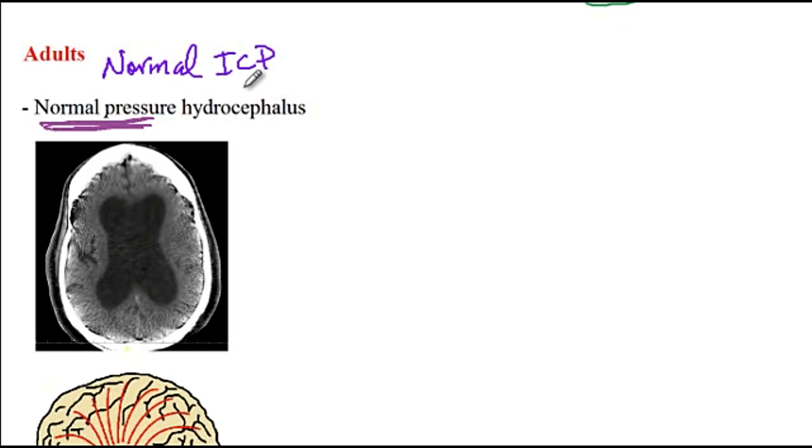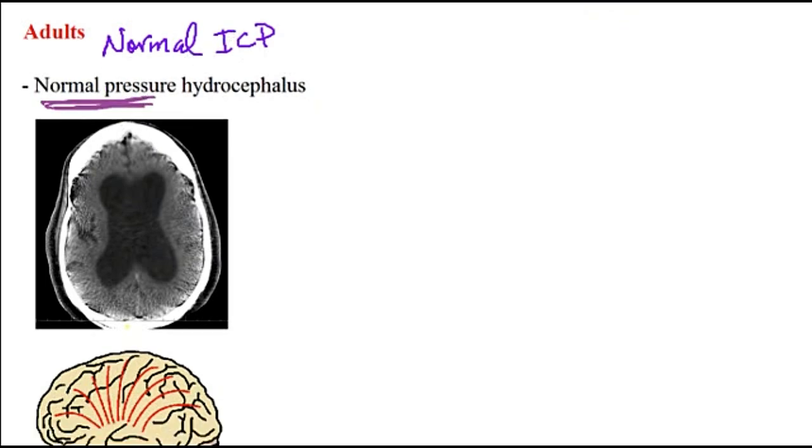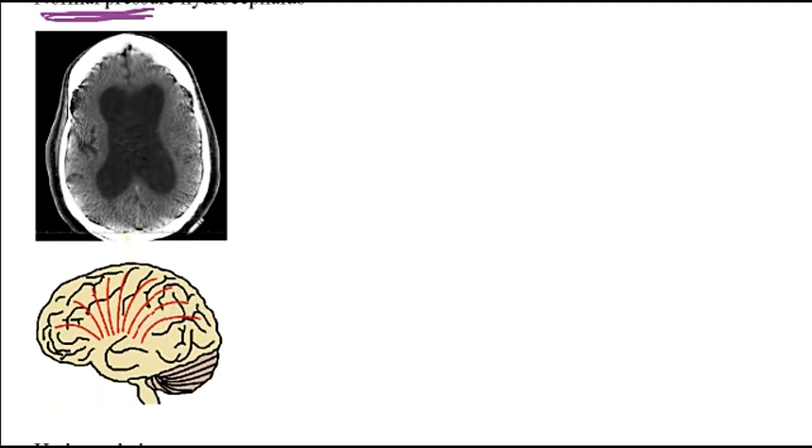So intracranial pressure is normal in these patients. And the exact etiology of this disorder is not known. It's not known how ventricles will enlarge in size, but then intracranial pressure remains normal. But in any case, due to the enlargement of the ventricles, it will disrupt the fibers of corona radiata.